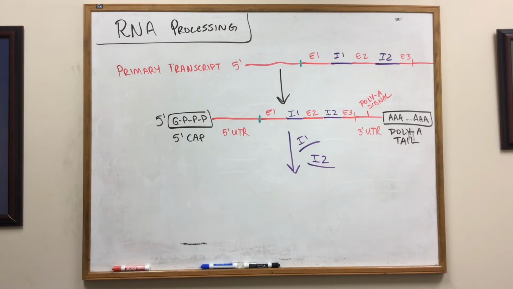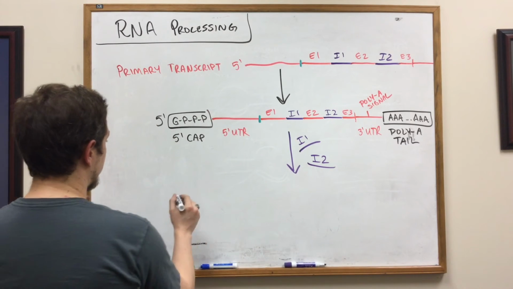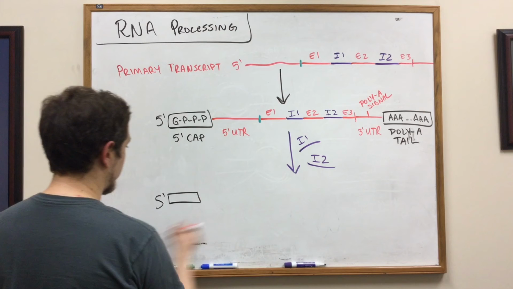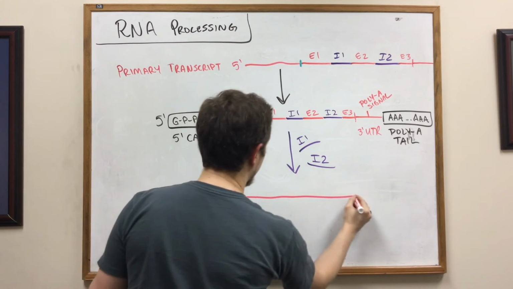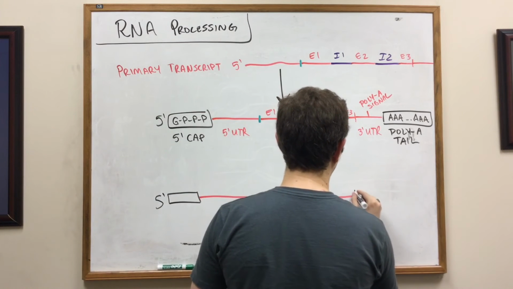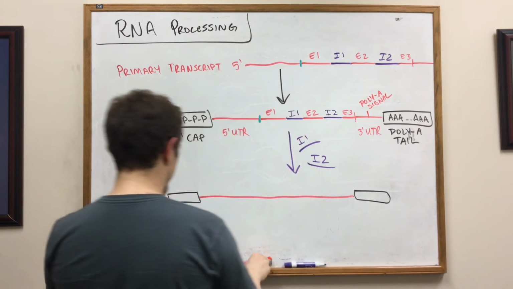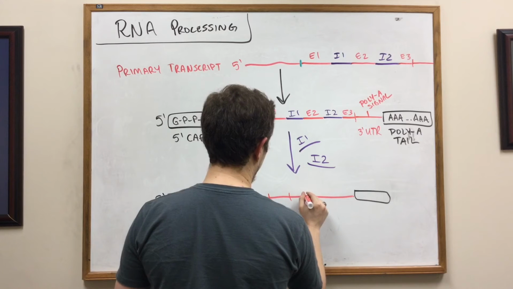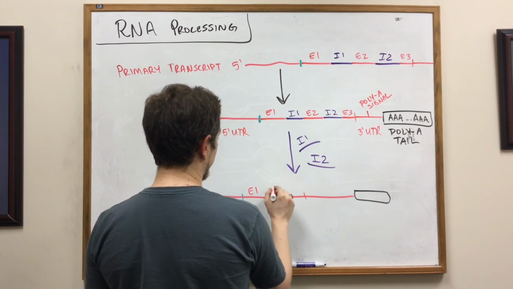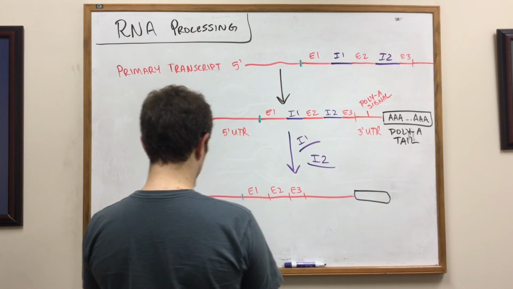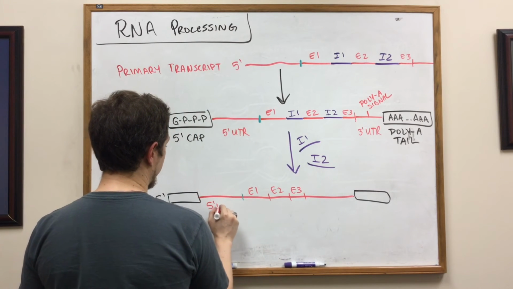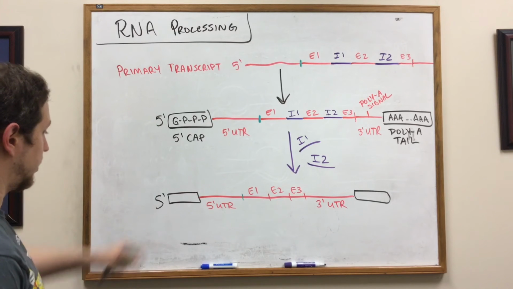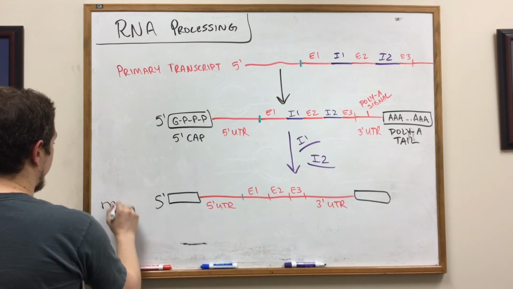So we cut out those 2 introns, and at the end of all of this, what that's going to mean is we're going to have, I'm just going to draw it shorthand now, our 5' cap, our poly-A tail, and then we're going to have our 3 exons running one next to the other, and then our 5' and our 3' UTRs. So this is our mature mRNA molecule.